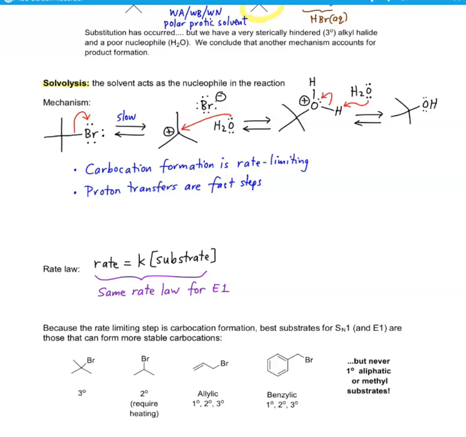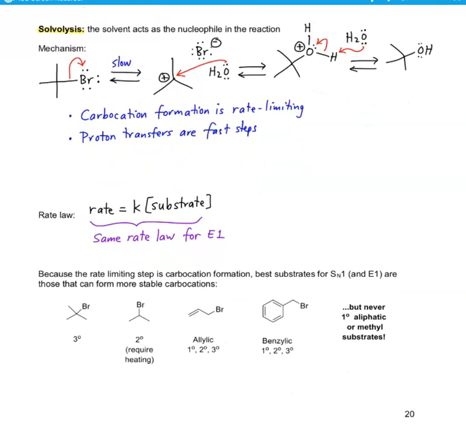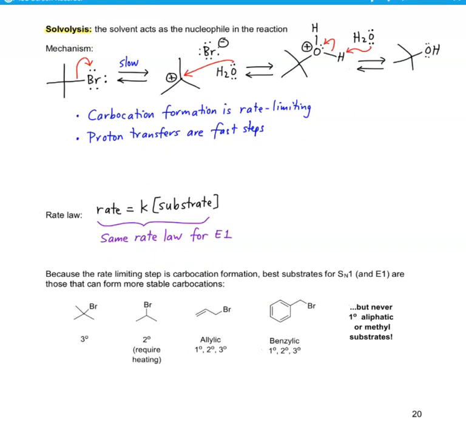So knowing that the rate limiting step is carbocation formation informs our understanding of what types of substrates are going to be able to react through the SN1 pathway. So that's going to be anything that can form a reasonably stable carbocation. So that includes secondary and tertiary cations that we would term aliphatic.